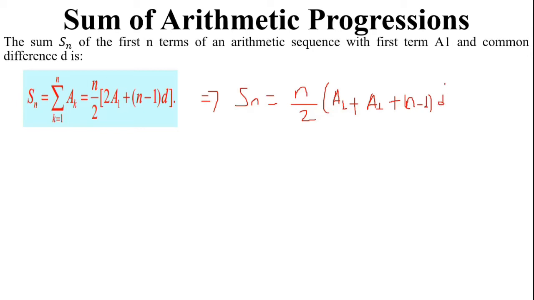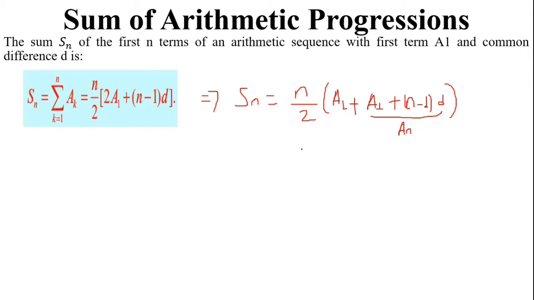As I told you in the previous lecture, the n-th term of an arithmetic sequence can be defined as such. So this can be replaced by an, because this formula is the n-th term of an arithmetic sequence.